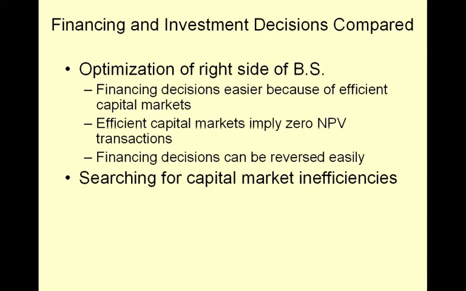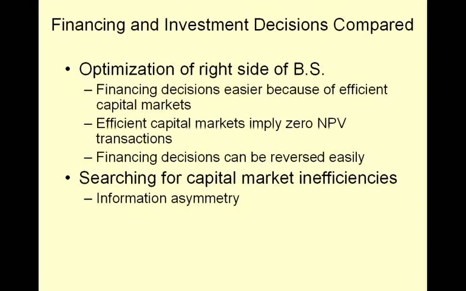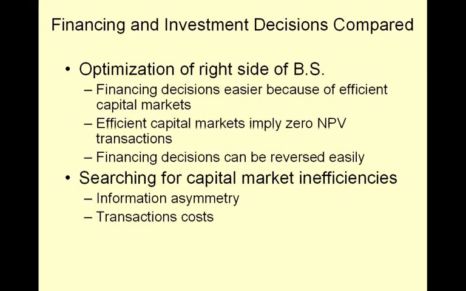Financing market inefficiencies can take many forms. Information asymmetry can occur where, for example, borrowers know more than lenders. Transaction costs exist, wherein maybe it costs 1 to 3% to mount a public offering of stock. Obviously, there are taxes.